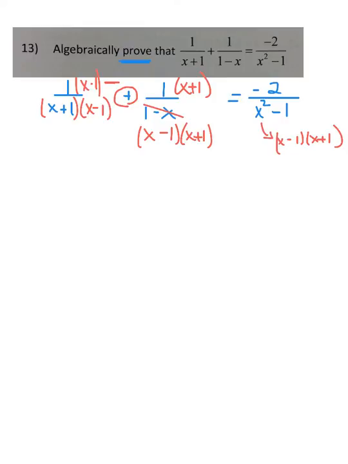So on my far left fraction, let me point it out, I've got 1 times x minus 1, right? So that's just x minus 1 over x plus 1 times x minus 1, right? Okay, now don't forget that this plus turned into a minus, so we have a minus.